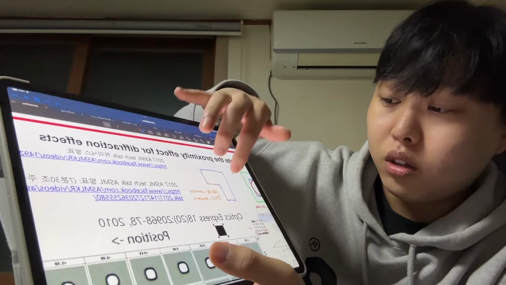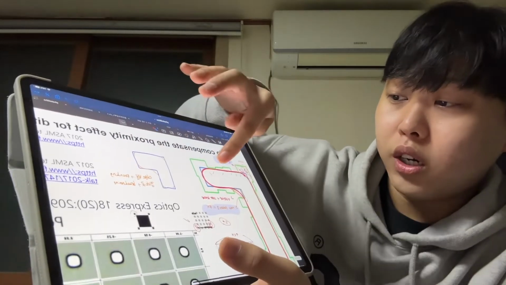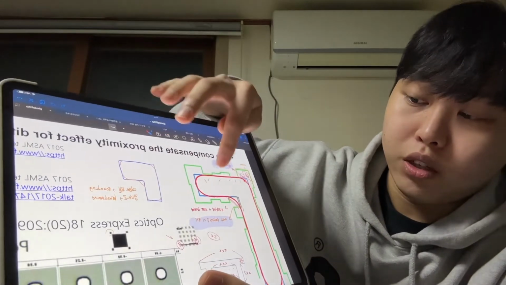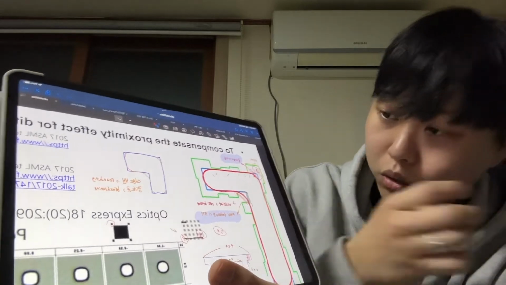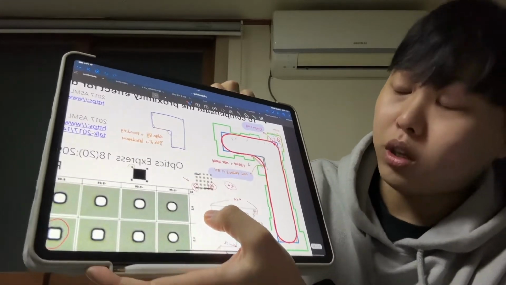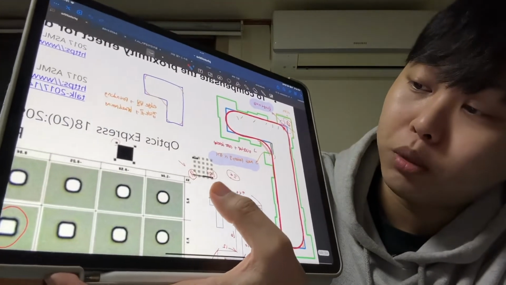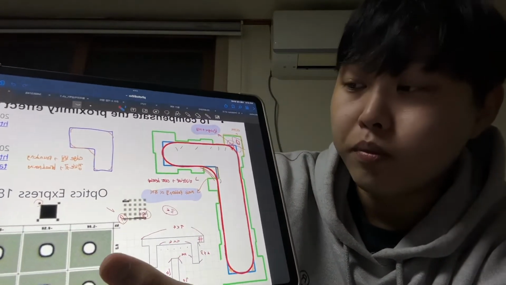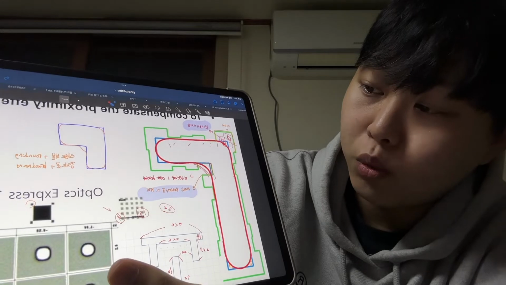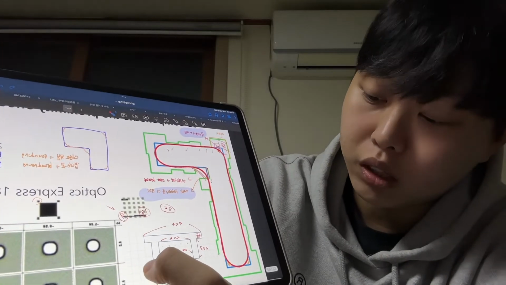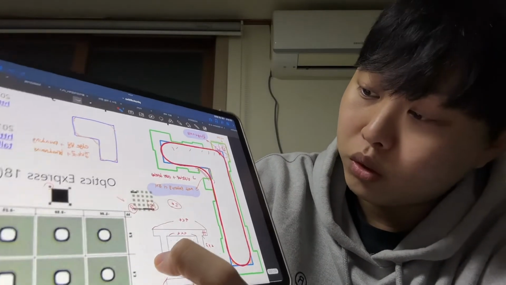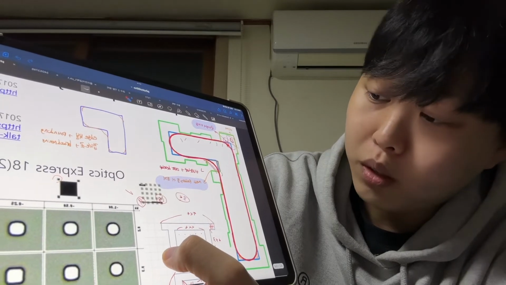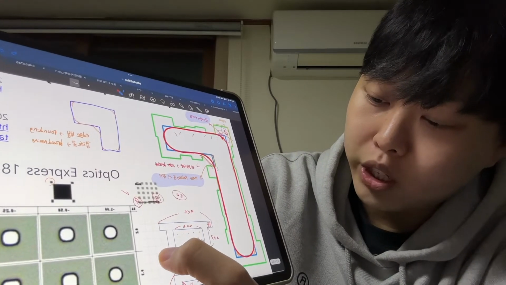So the real pattern will occur like the red line here. The target pattern was the blue line. However, when we expose the light without any correction, the red line occurred. So we have to make a correction like the green line to make the target pattern.